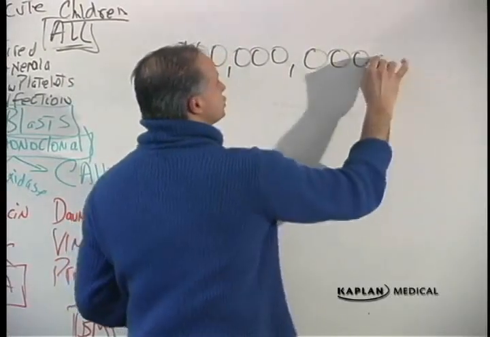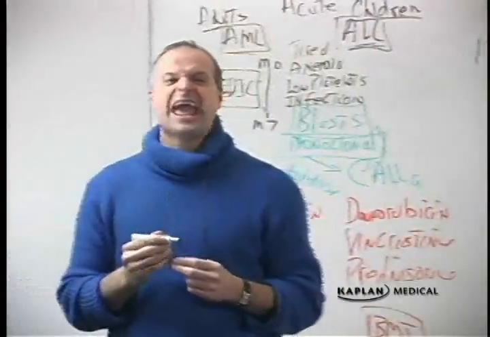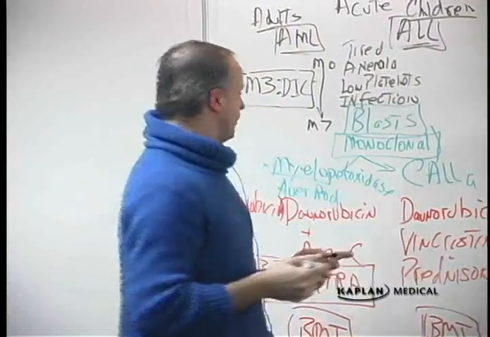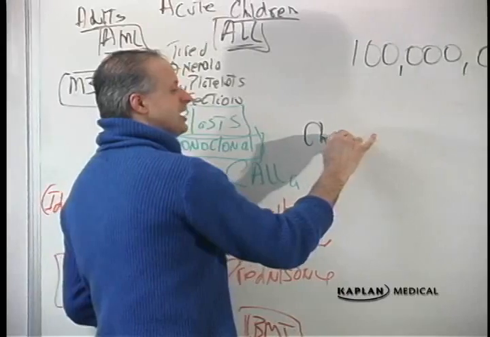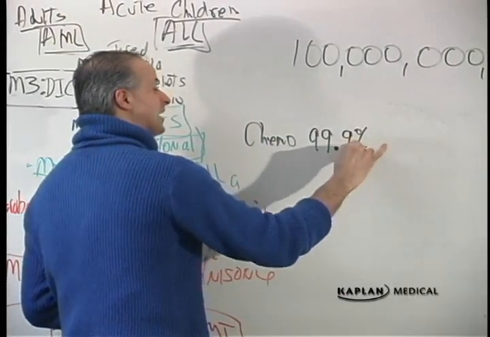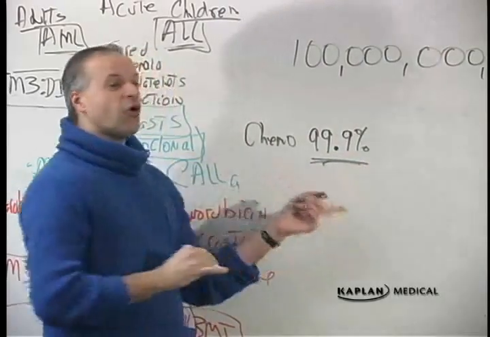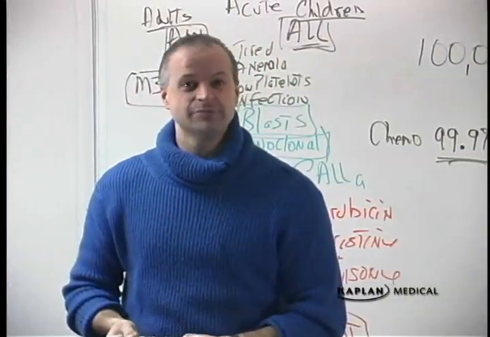Maybe we should eradicate with a bone marrow transplant after the first remission. We give them a round of chemotherapy, and that first round of chemotherapy removes 99.9% of all the leukemic cells with the first cycles of chemotherapy.